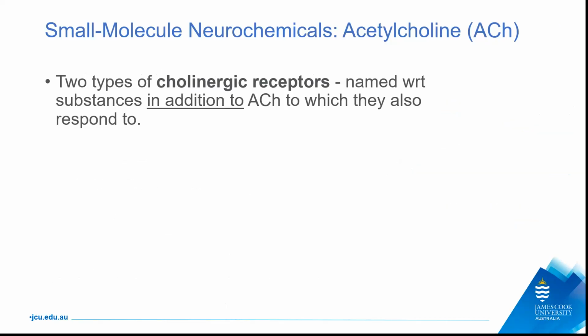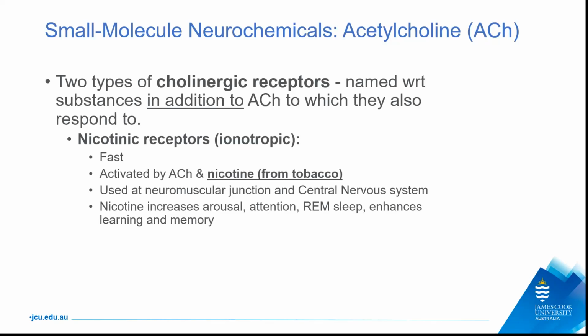So we have 2 types of cholinergic receptors. It's also possible to simply write them as ACH receptors. The terminology is very unique: they are named after the substances, in addition to ACH, to which they also respond.